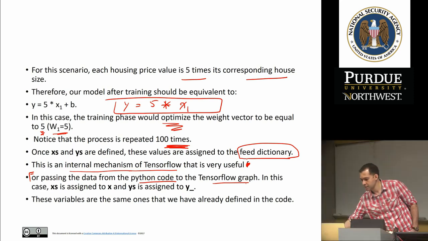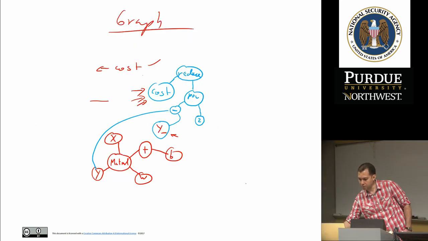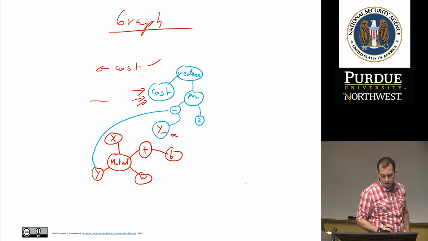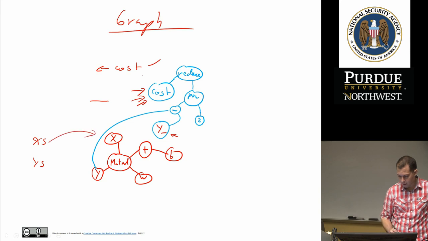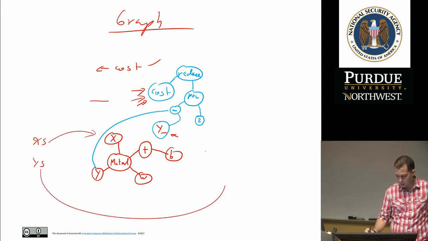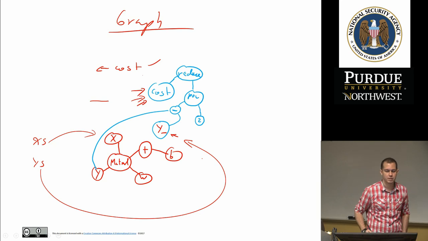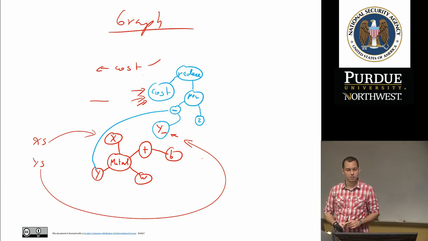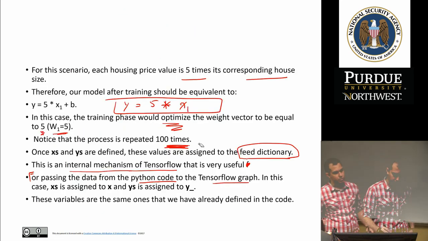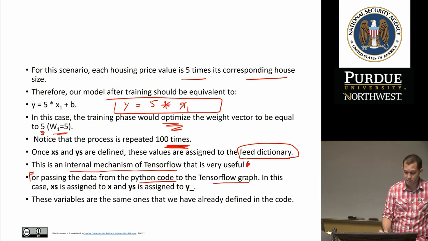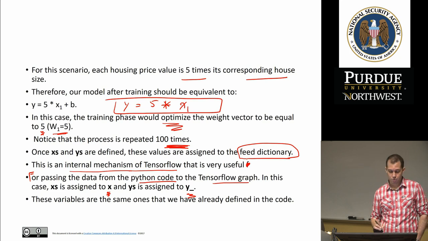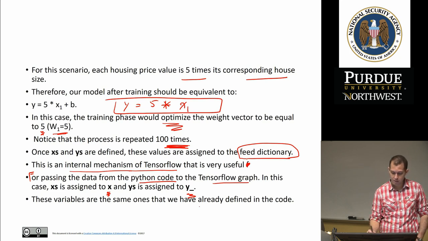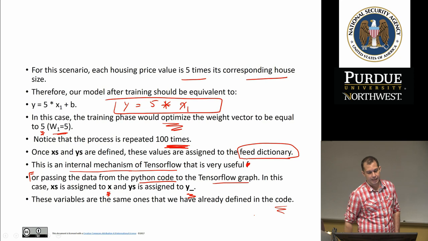Remember, if we go back to our graph, the XS and the YS that we created need to be assigned there. That's how the feed dictionary does that for us. In this case, XS is assigned to the X placeholder and YS is assigned to the Y underscore placeholder. These variables are the same ones that we already defined in our code.